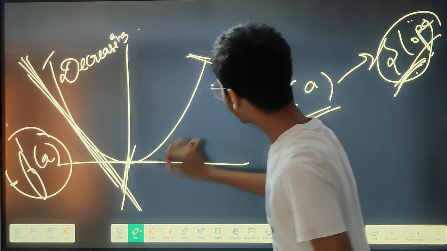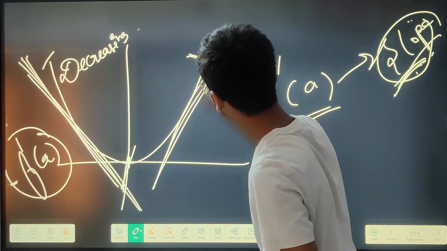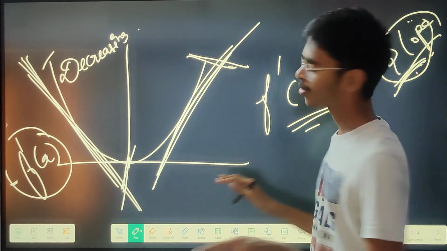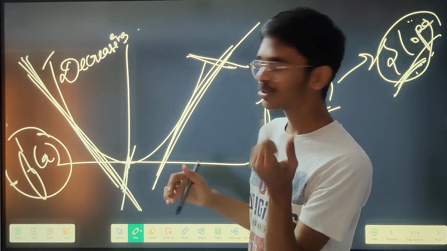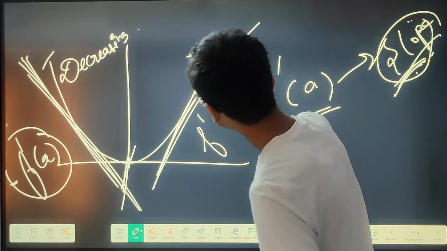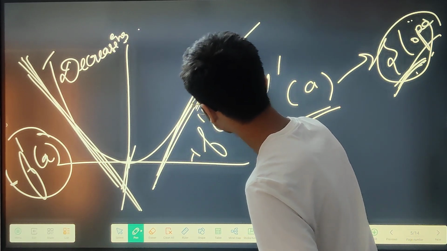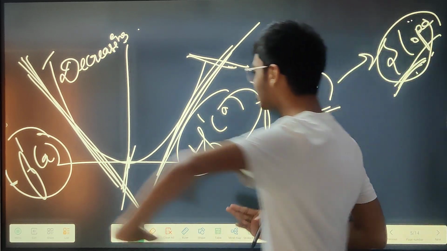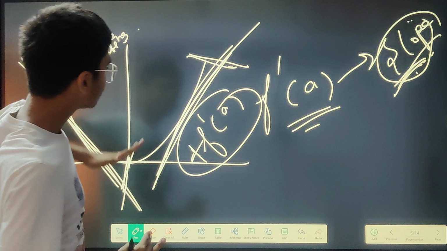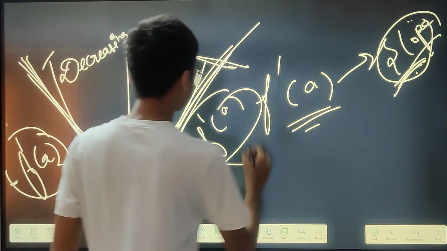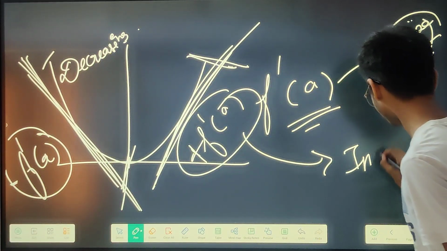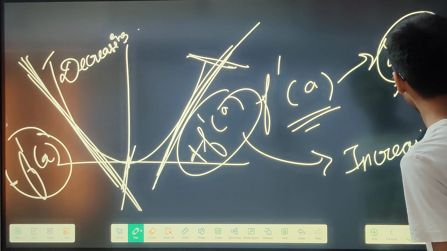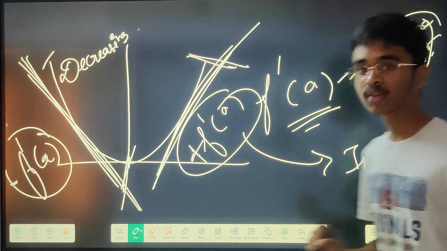Here the tangent, I know I'm very horrible in drawing, gives f dash a as positive. If it is positive, the direction is like this, and that is why it is increasing. This is the reason why it is increasing and decreasing.